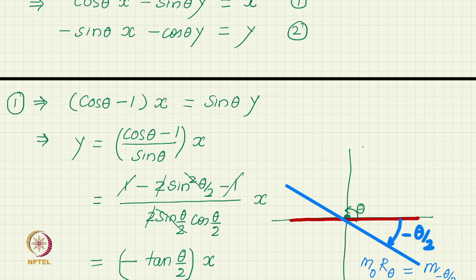If instead you would have calculated the other way round, you can do that as a homework, then you will see that if you apply m first, so if you have r theta followed by m 0, you will again have a mirror at theta by 2, but this time plus theta by 2.